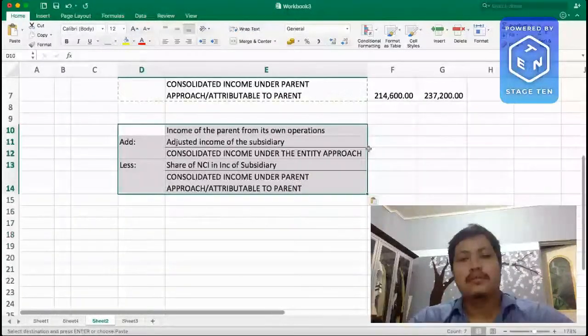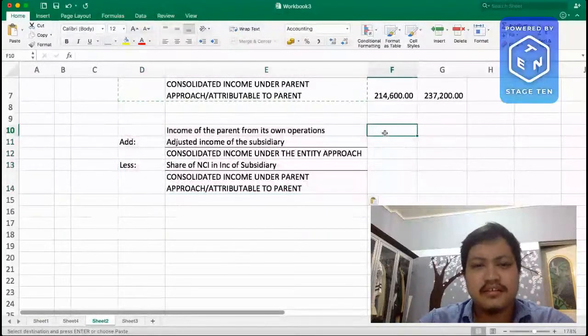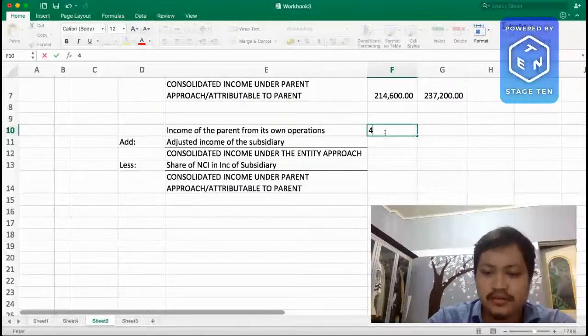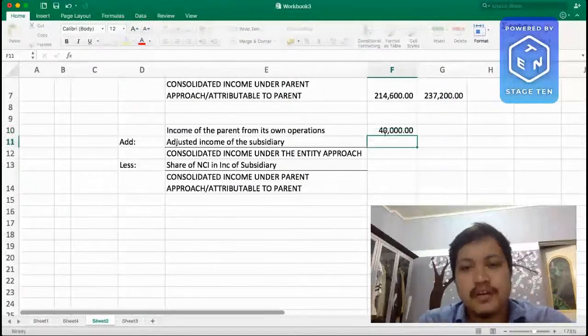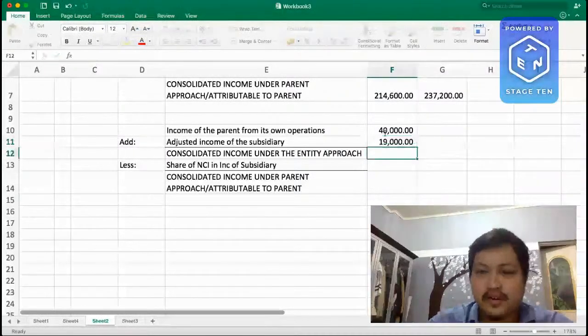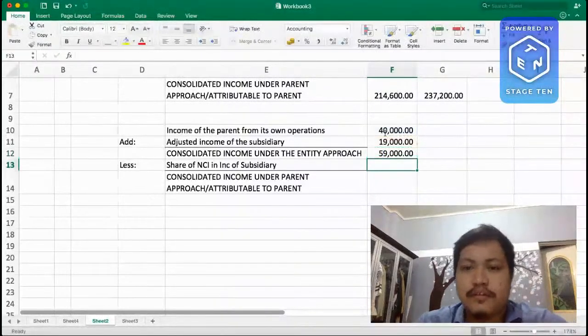So here, the income of the parent from its own operations was 40,000. And then the adjusted income of the subsidiary is 19,000. So that means the consolidated income under the entity approach is 59,000.